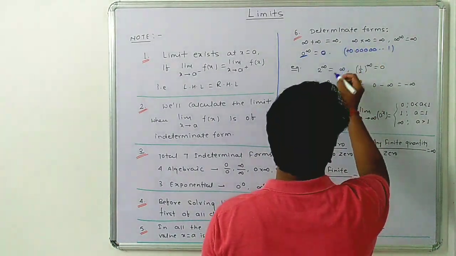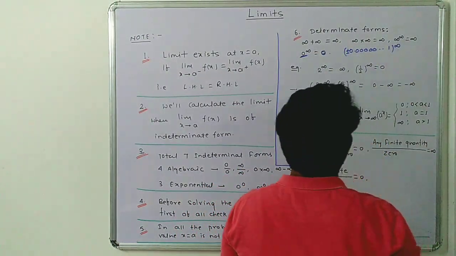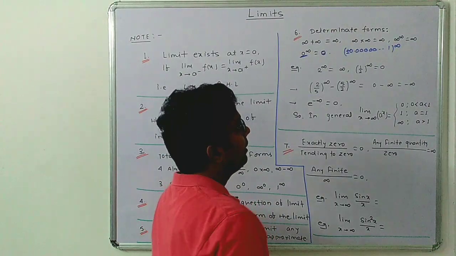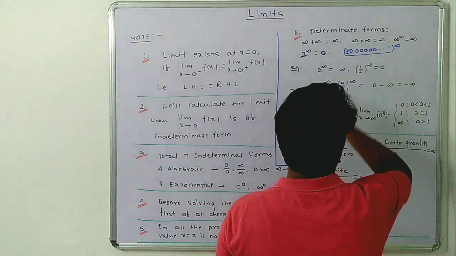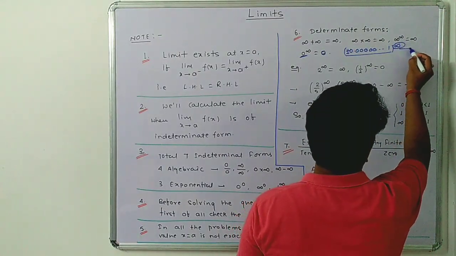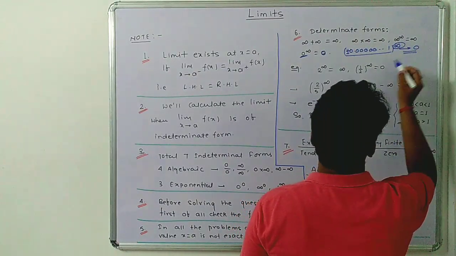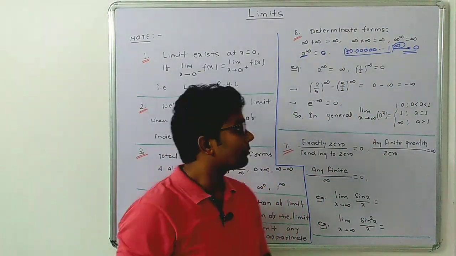This may be positive or negative, and I am raising it to infinity. If the exponent tends to infinity, whether the base is positive or negative, the result will always tend to 0. So this is equal to 0.